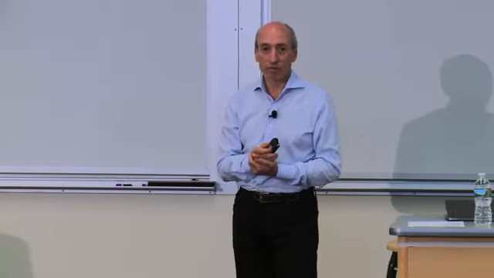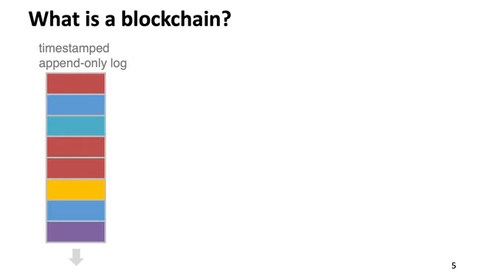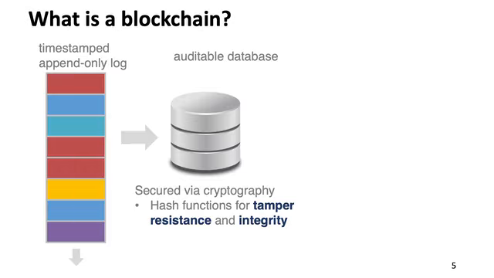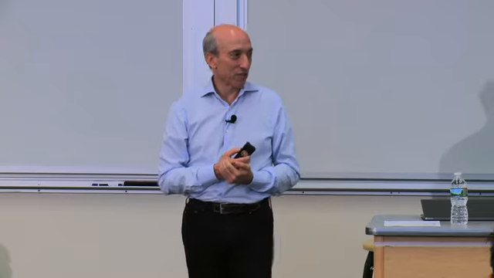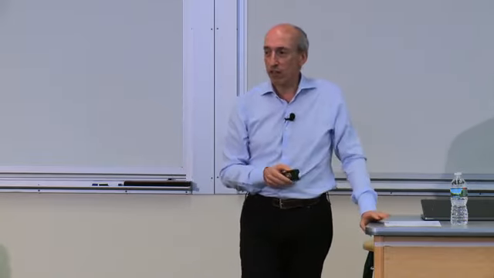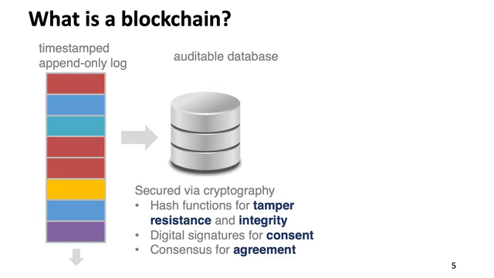Other thoughts? So then you create an auditable database, some database with cryptography. Hash functions, which half the class said they understood, and the other half was a little rough. All is in permission systems.